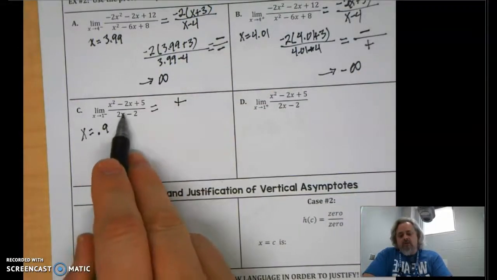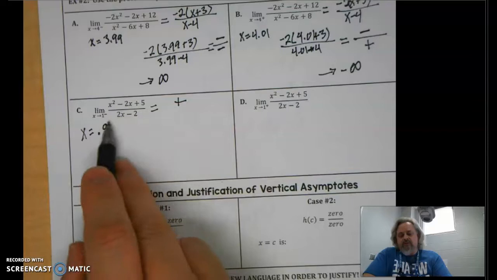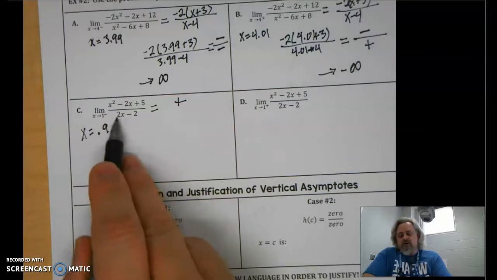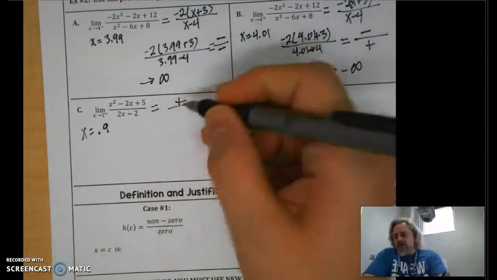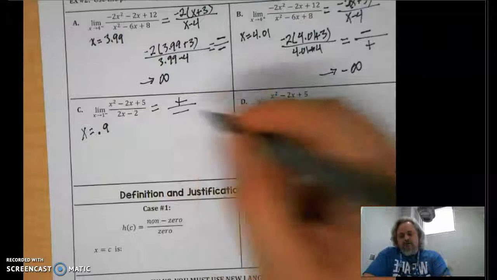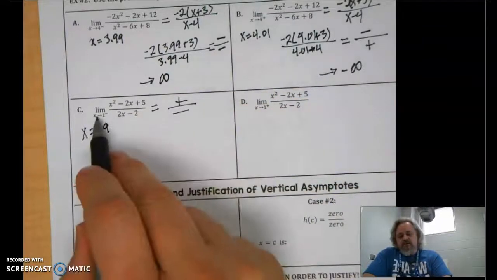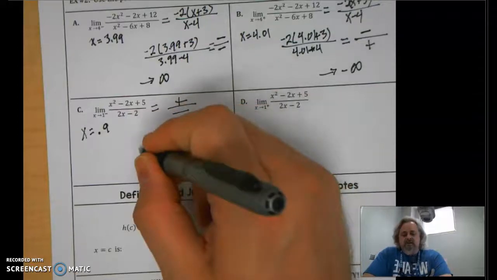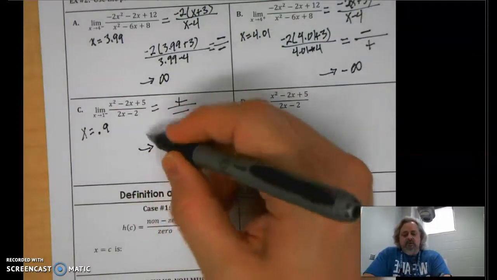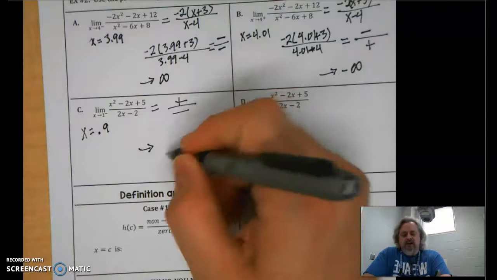And here, 0.9 is a fraction, so this is going to get smaller than 2. So something smaller than 2 minus 2 is going to give me a negative number. So that means this particular function, as x approaches 1 from the left-hand side, the limit will approach a positive or a negative infinity.